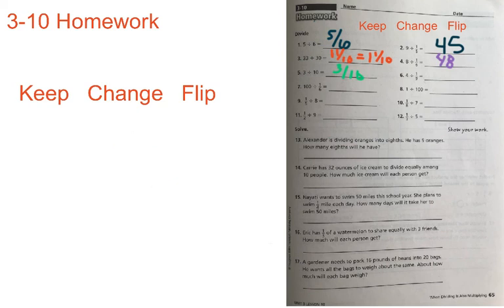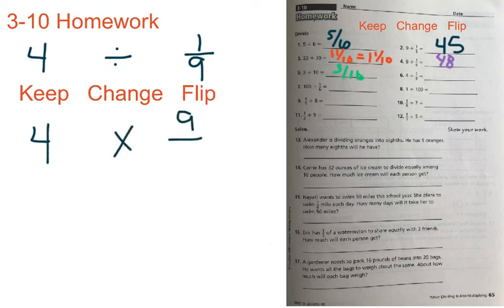Let's go on to number 6 together. We have 4, and we're dividing that by 1/9. 4 divided by 1/9. Let's continue our chant. Keep, change, flip. Keep, change, flip. We keep the 4, we change the sign, we flip the fraction. So now we have 4 times 9 over 1.